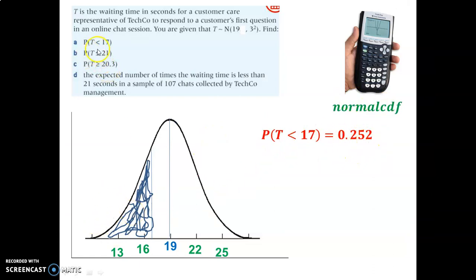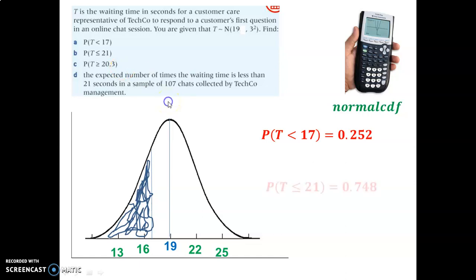Okay, next one. So now that you've learned that, how about finding the probability that the t-value, the waiting time, is 21 or less seconds. And just so you know, in normal distribution, it doesn't matter whether you have equal to or not equal to. It all works the same, because that line has no meaning in terms of the probability.